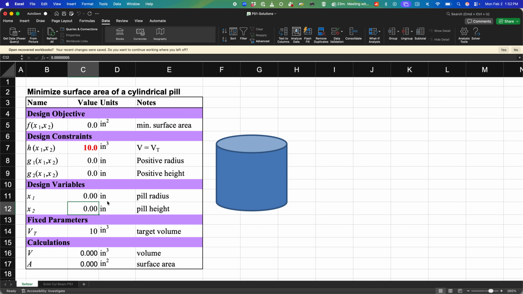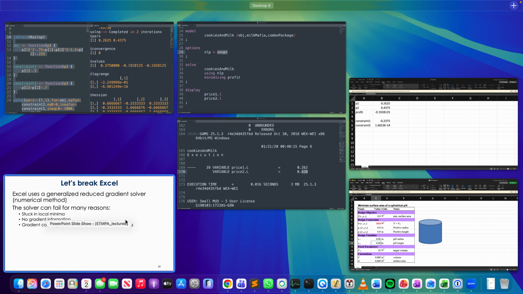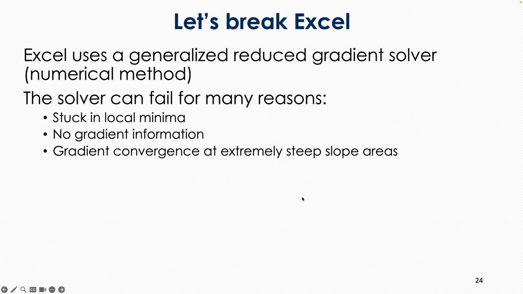Yeah, especially if you're doing it in a more simplified tool like Excel, it could be a lot harder to do. Yeah, so keep in mind, especially when you're talking about non-convex problems, do you know that you actually have a global minimum solution, or is it just a local minimum?